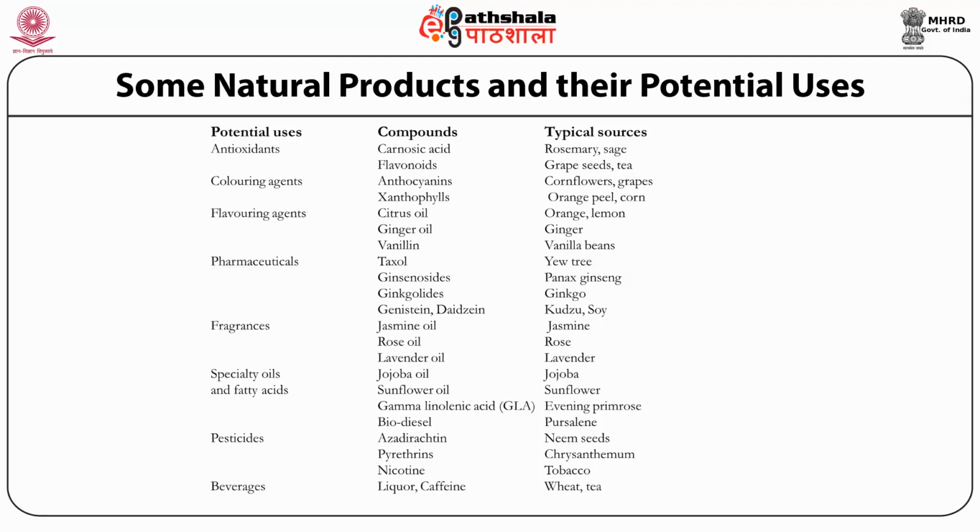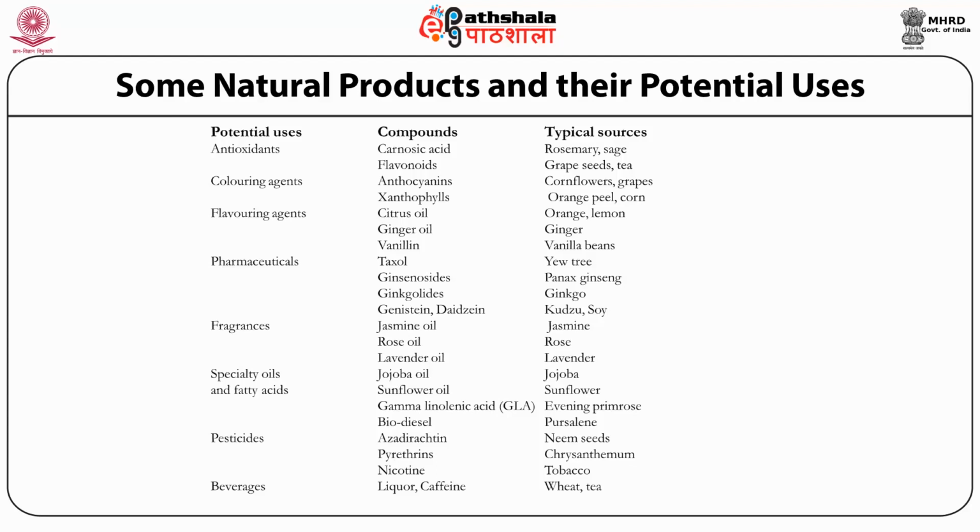This is another list that provides you the potential uses of natural products other than therapeutic agents. Like we have carnosic acid and flavonoids obtained from rosemary, grapes, etc. They are potential antioxidants, while various coloring and flavoring agents are obtained in the form of anthocyanins or some of those aroma oils like citrus oil, ginger, vanillin.